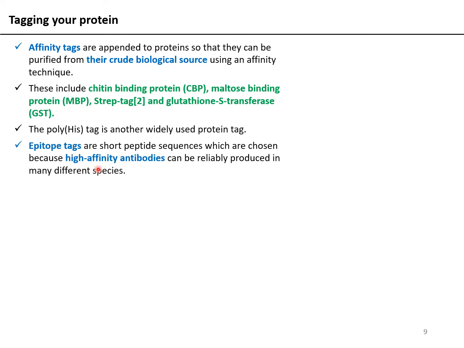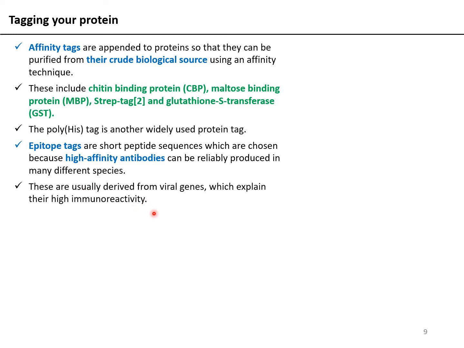Epitope tags are short peptide sequences which are chosen because high affinity antibodies can be reliably produced in many different species. So this is what we discussed as the first case example, where you have your high affinity, high specificity antibodies conjugated onto the resin, and you have the epitope tags that are expressed along with your protein of interest.